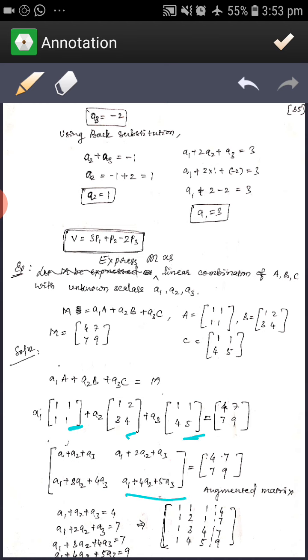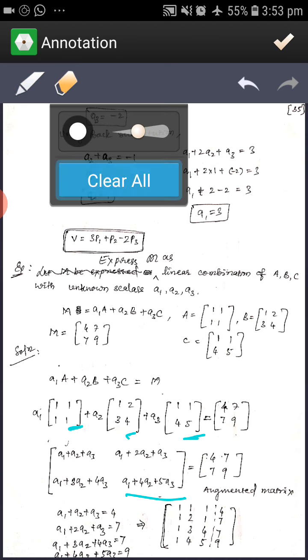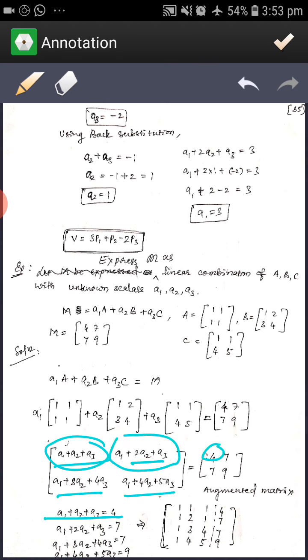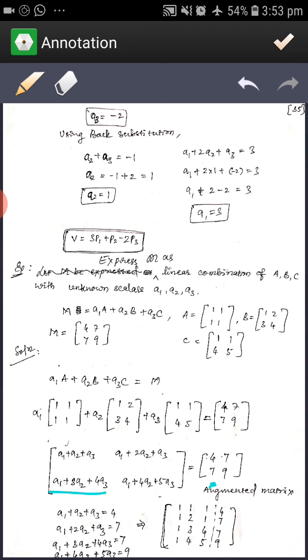And M is directly 4, 7, 9. So these we can write as linear equations: a1, a2, a3 is nothing but 4, the second equation is 7, the third equation is again 7, and the fourth is 9.